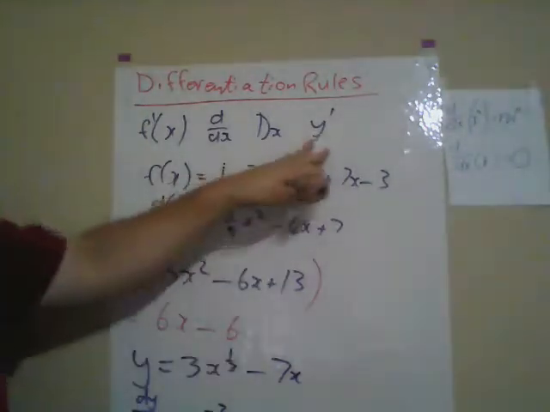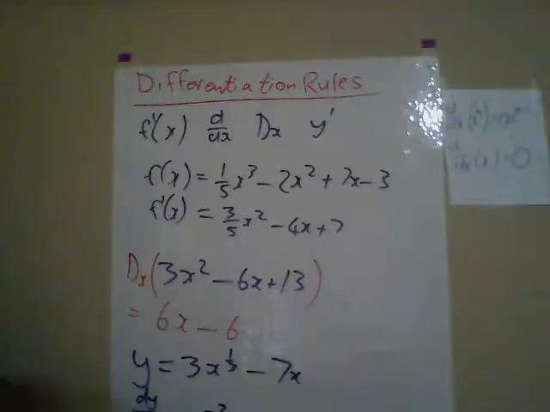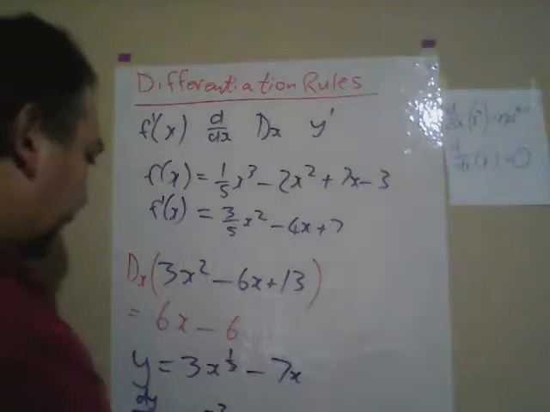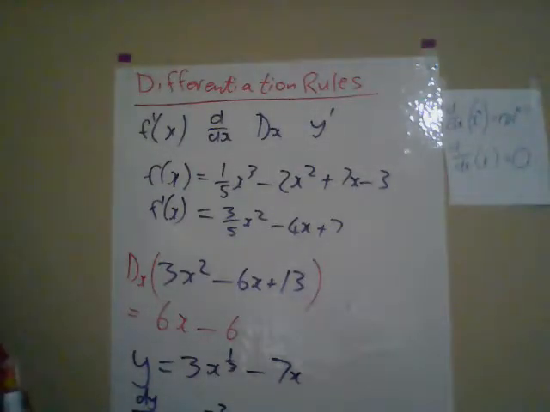Now the last one we don't use very often, but it would be in a simple example like this, where we could say that's also y dash. Thank you very much.